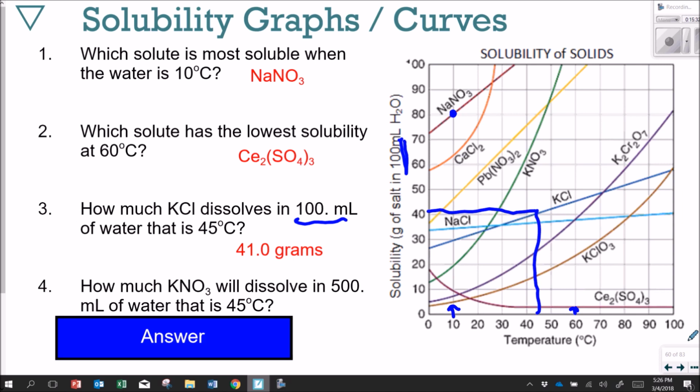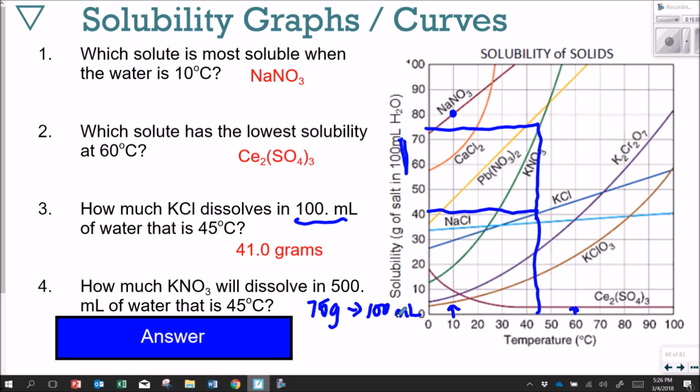Number 4, how much potassium nitrate will dissolve in 500 milliliters of water at 45 Celsius again? So I go to 45 Celsius, and this time I go all the way up to potassium nitrate, and I can see that I have about 75 grams, but this is in 100 milliliters of water. So I have 75 grams that dissolves in 100 milliliters of water.